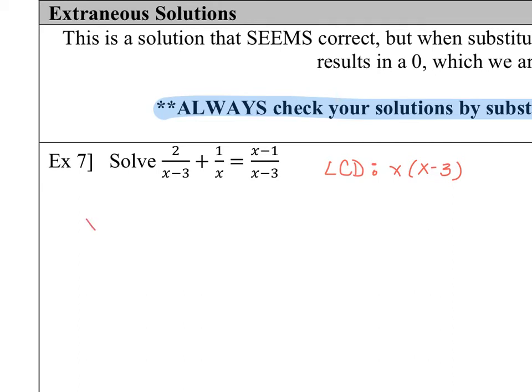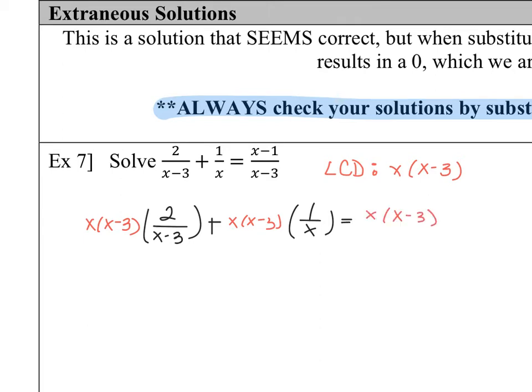So we've got x times (x minus 3) times 2 over x minus 3, plus x times (x minus 3) times 1 over x, equals x times (x minus 3) times (x minus 1) over x minus 3.